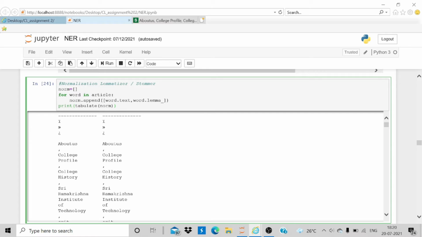So now for each word in my article, so the article consists of a number of tokens from a given passage, it will iterate over each word and then do the lemmatization function.